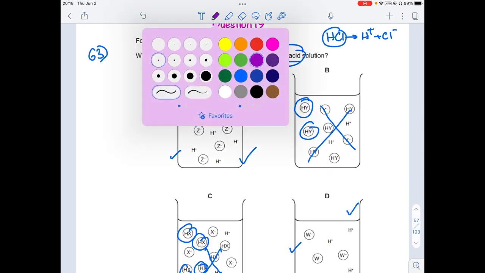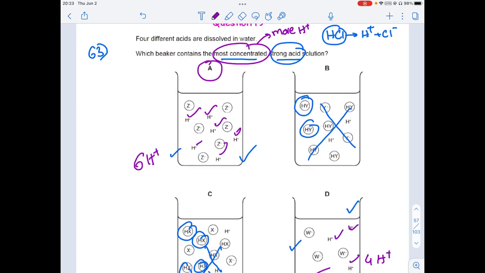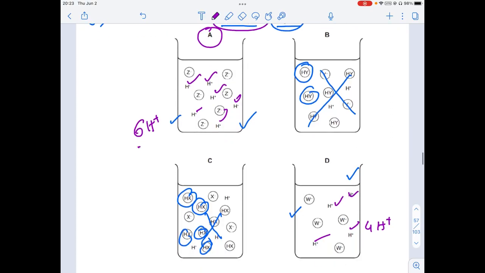But now I want the most concentrated also. What do I mean by most concentrated? More H plus should be there. In option A I have 6 H plus, whereas in option D I have 4 H plus ions. So obviously option A is going to be the answer. The most concentrated strong acid is option A. That is the answer.